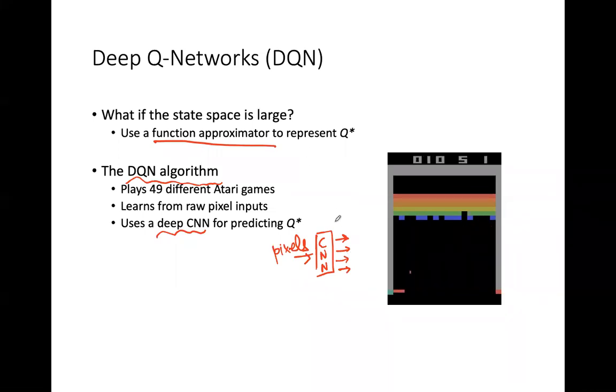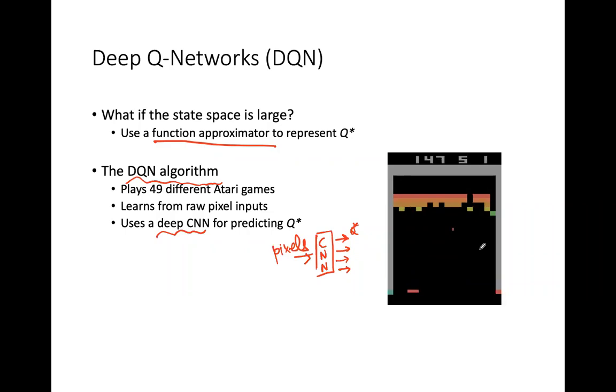So for each button that you could press, it outputs a Q value. So in one forward pass, you get the Q star value for every action you could have done. And amazingly enough, with even just raw pixel inputs, this system was able to learn to play a wide variety of games that have very different dynamics, very different reward structures, very different gameplay dynamics, right?